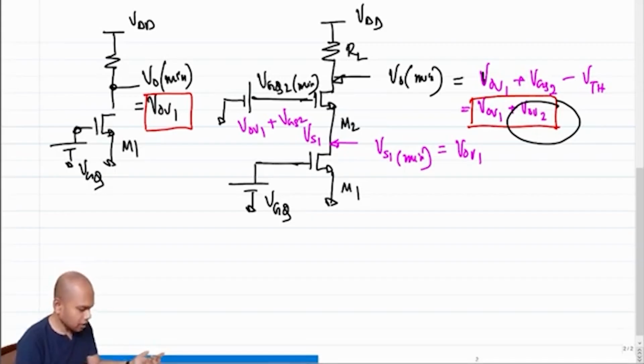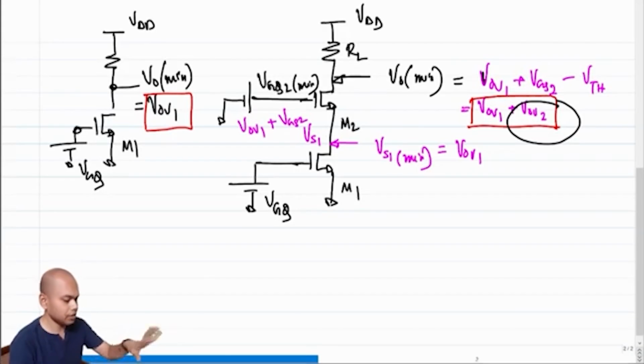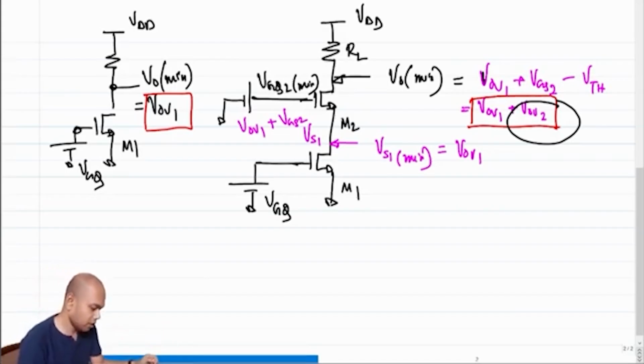Fine. Now the question is, how do I bias? Okay, this is all good that we understand this overdrive voltage, the minimum voltage of V overdrive that we require. But now the question is, how should we go about biasing the transistors M1 and M2?